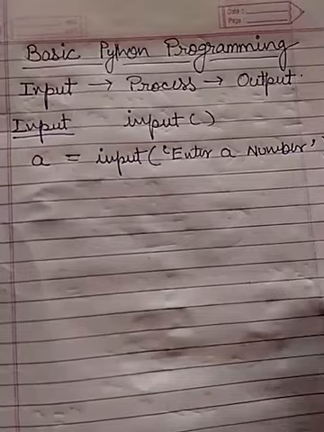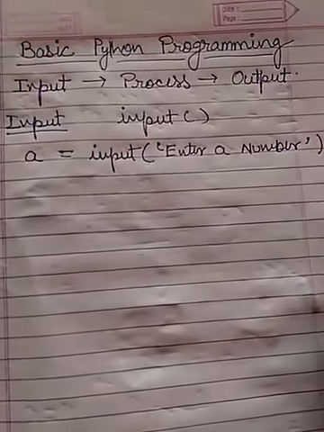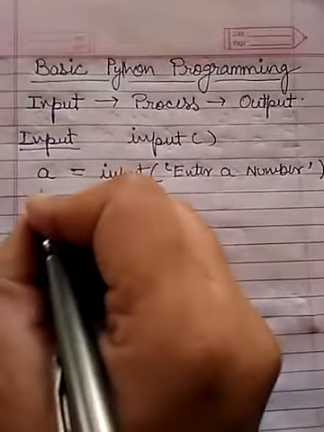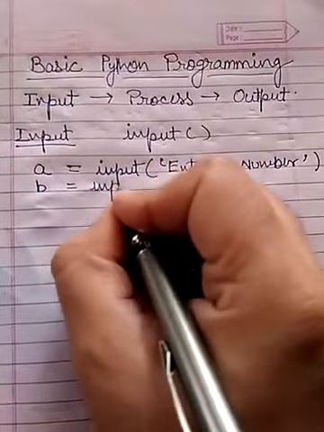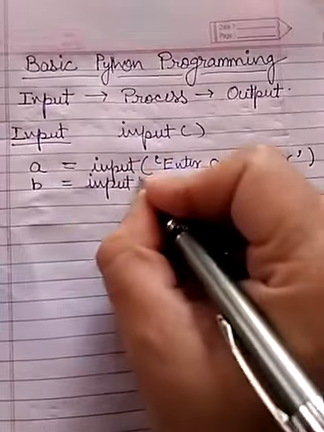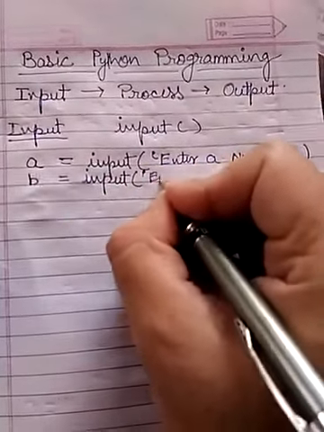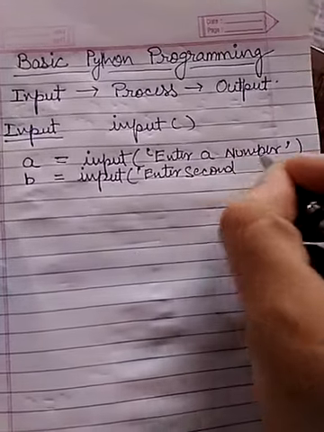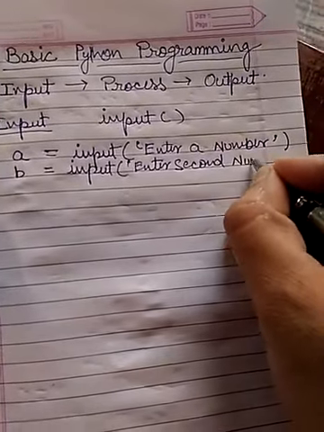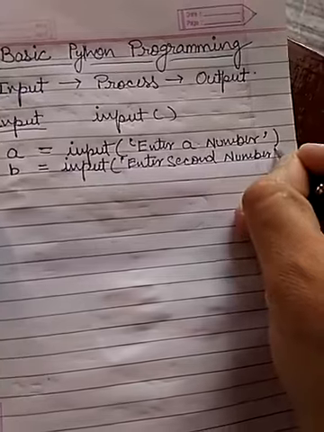In the same way, I want to read another value from the user, then I have to take another variable, let us say b, and again I am writing input, enter second number.